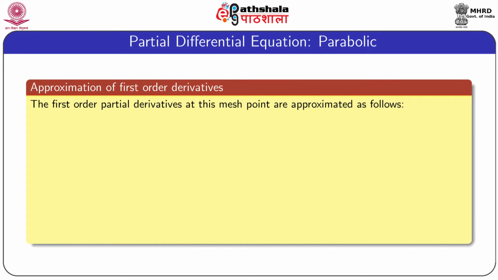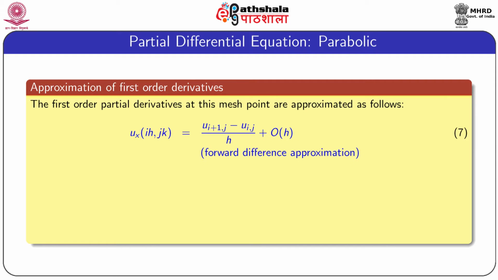The first order partial derivatives can be approximated in terms of central difference approximation or other difference approximations. The first order partial derivative with respect to x, that means del u del x, is approximated as ui plus 1 comma j minus ui comma j whole divided by h plus order of h.